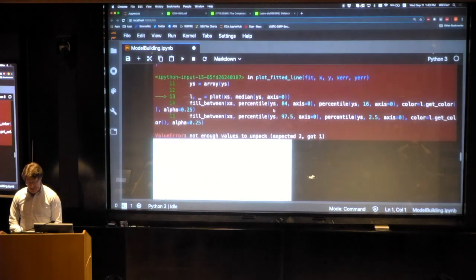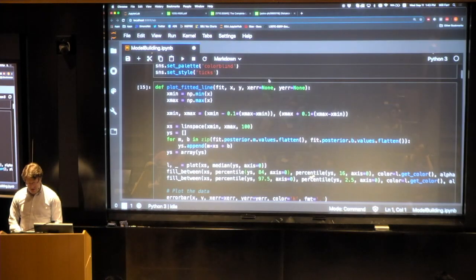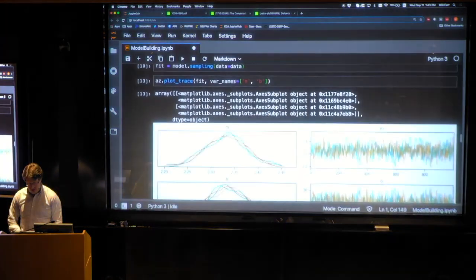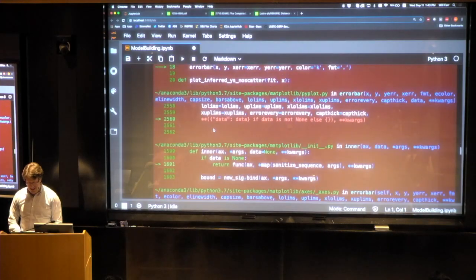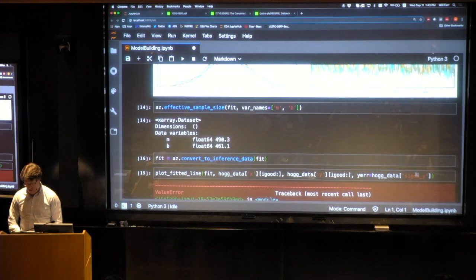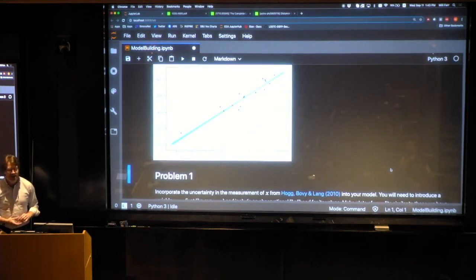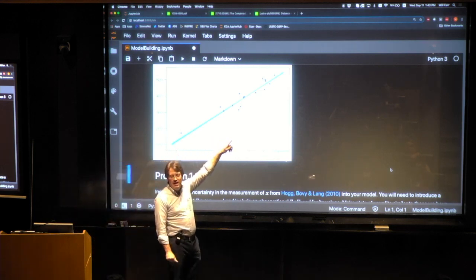I like it. Oh, I know what I did wrong, and it was stupid. Here we go. Oops, that's not a thing either. That's a thing. There we go. Okay, awesome. Hey, that's a nice linear relationship.